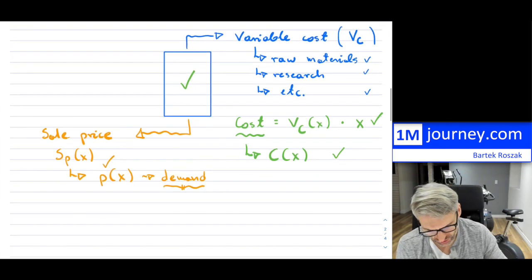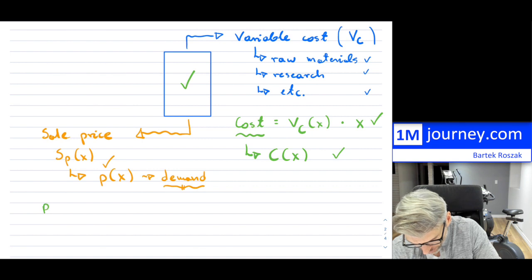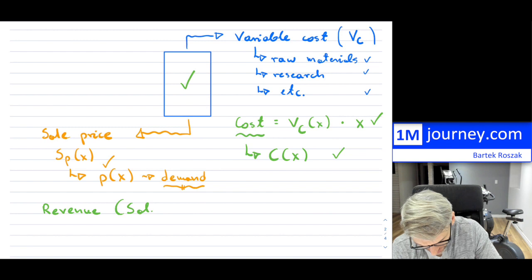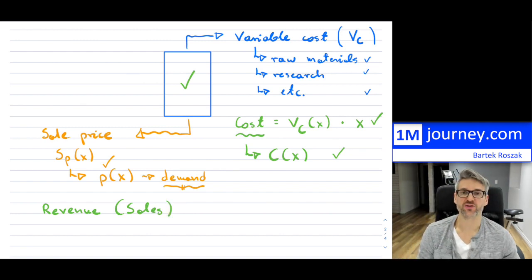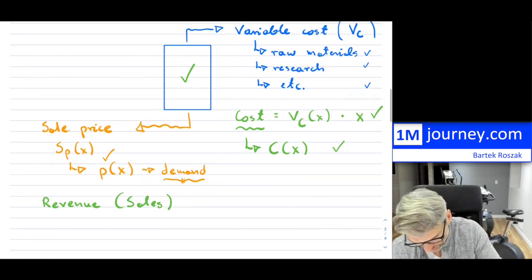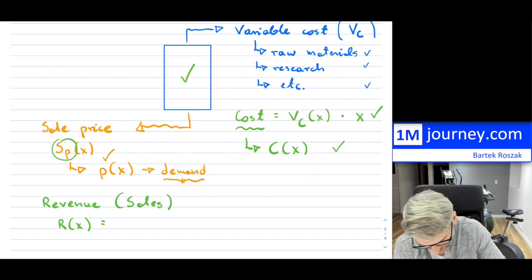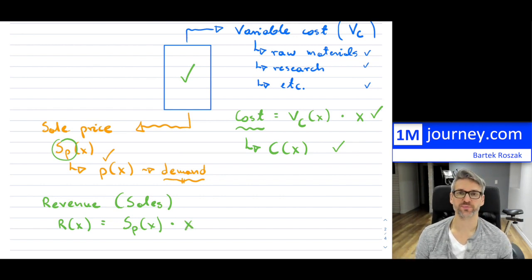Now, if you wanted to know what the total revenue is, so revenue is basically the entire sales if you would be selling a certain amount of phones. So if you're going to be selling 100 phones, 1,000,000 phones, I don't know, but this revenue function is equal to the price per the phone that you have, so SP times X, multiplied by the number of phones that you sold.